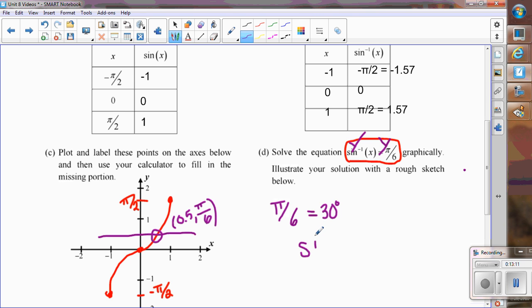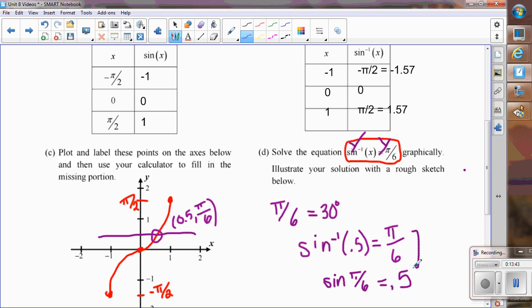And if I was to rewrite this as sine to the -1, what goes here is 0.5, and you're looking for the degrees or the radians, which would be pi over 6. So what you're finding, if you were to switch this all around, is you're saying sine of pi over 6 equals 0.5. So that's another way to write the equation.